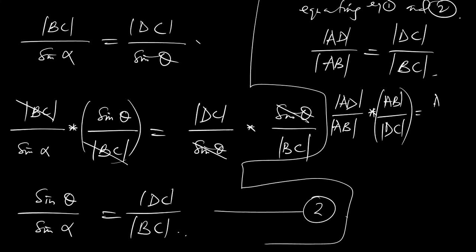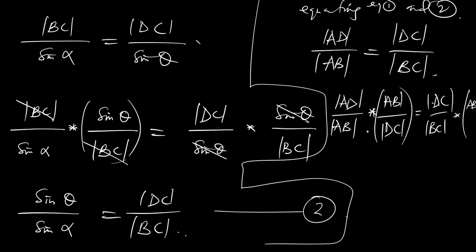Here now you have DC all over BC, which is the term on the right hand side. We'll now multiply with this same thing, AB all over DC. So we'll multiply both sides with this factor.